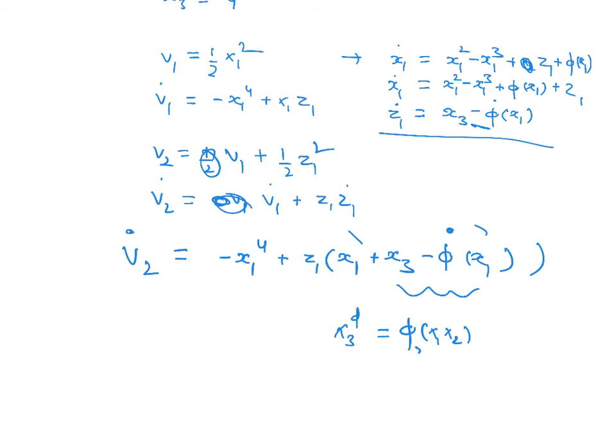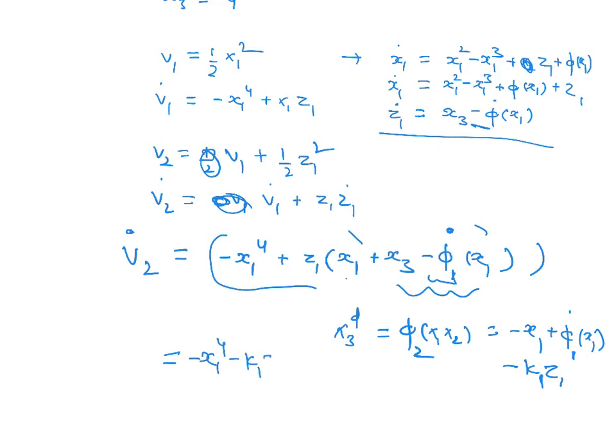Equals, or phi 2 you can call it, cancel this out, so minus of x1, plus phi 1 dot of x1, minus k1 z1, right? If I do that, then this becomes minus x1^4 minus k1 z1 squared, right?